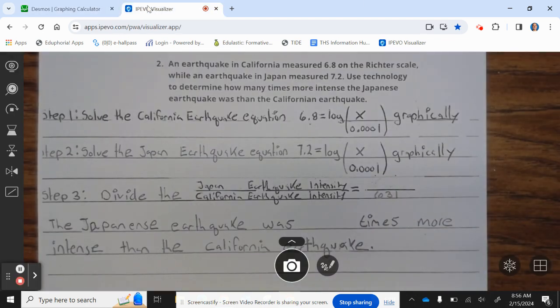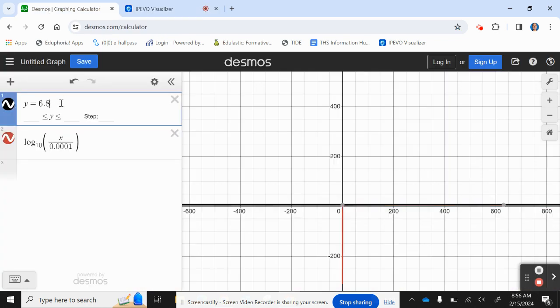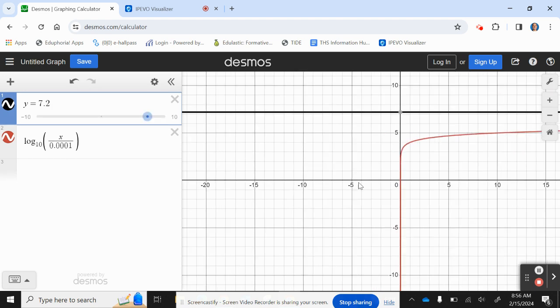Now, step 2, solve the Japan earthquake equation y equals 7.2 equals log of x divided by 0.0001 graphically. Okay, so let's go ahead and do that. Now, all we have to do is change this to 7.2. And then I'm going to go to home screen, and then I'm going to zoom out again.